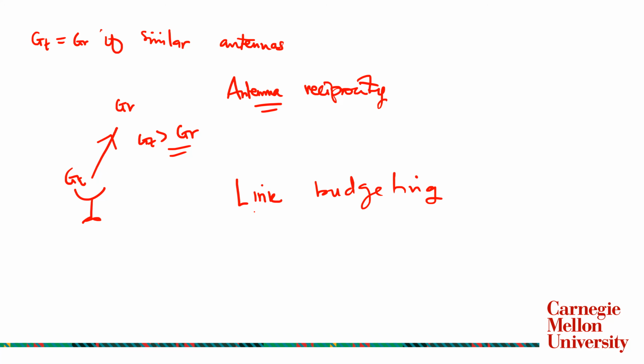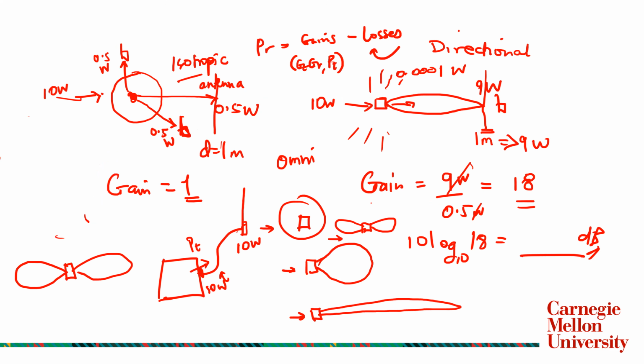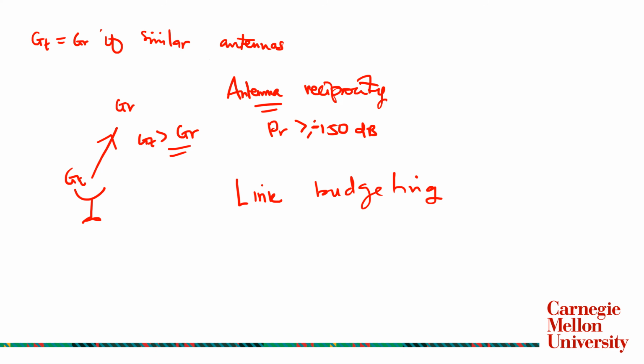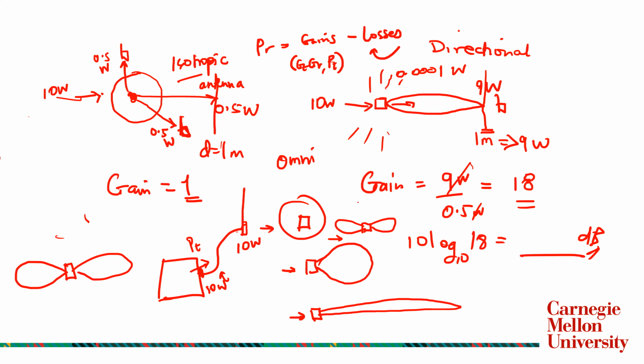By budget it means you have money, you want to buy things. So if you are left with 10K, how much milk can you buy? So let's say that my PR should be greater or equal to negative 150 dB. We can use the equation that we did, where we found that the PR is negative 123.